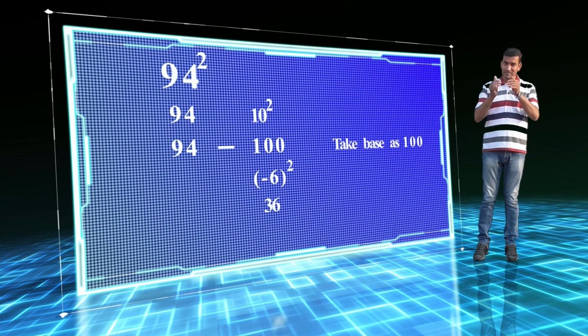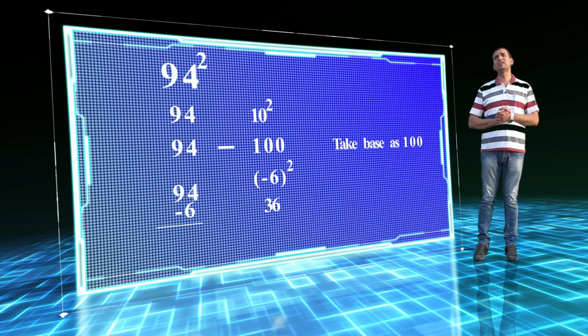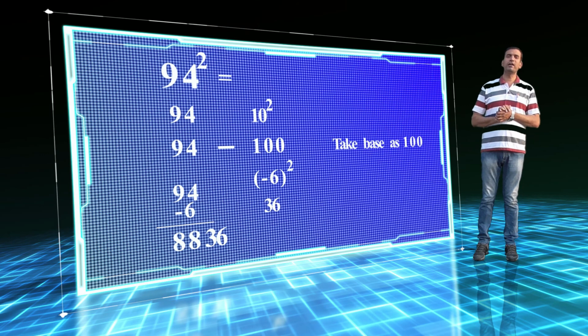And as it is 6 less than the base, you should subtract 6 from the number: 94 minus 6, the result is 88. So the answer is 94 squared equals 8836. Because 6 is the gap, 6 squared is 36, and subtract 6 from 94.